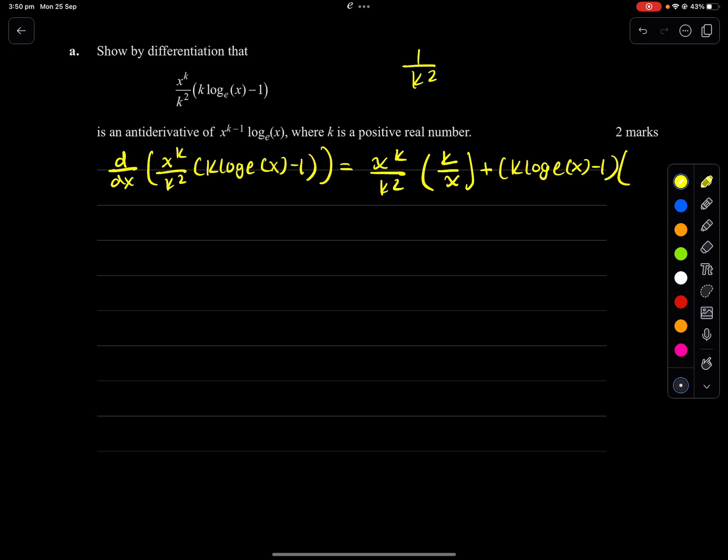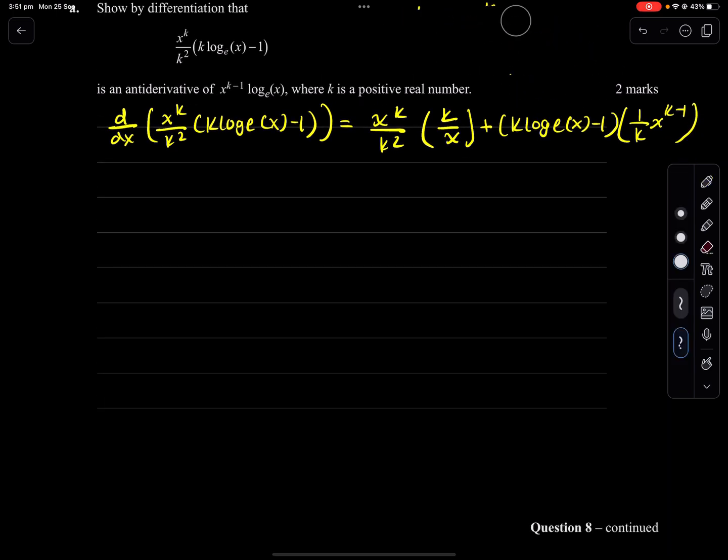We can take it out, and what's the derivative of k, this over here? If we bring that k, it'll be k over k squared, x^(k minus 1). It's just 1 over k, x^(k minus 1). So we can say 1 over k, x^(k minus 1). Done.